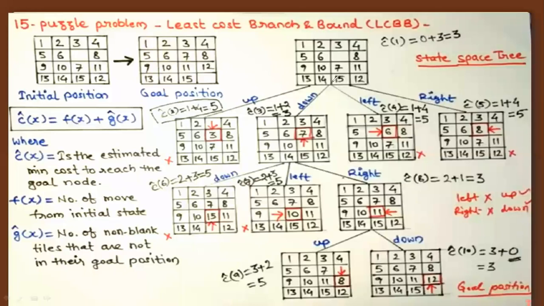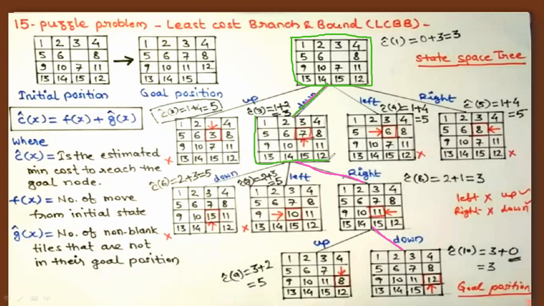It clearly indicates that this is the first iteration. In the second iteration, this is the minimum one. And in the third iteration, we need to find the value of C cap of 9 and C cap of 10, and the smallest value is this, 3. That means you need to construct the tree in such a way that this is the initial tree. From the initial tree, you can go here.